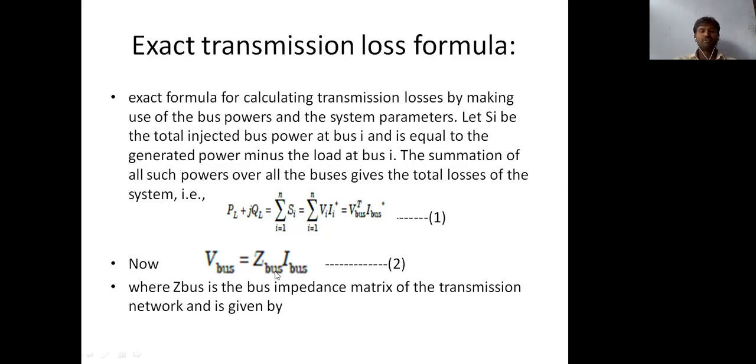We know that voltage V equals Z into I, where Z means impedance. So V bus equals Z bus into I bus.